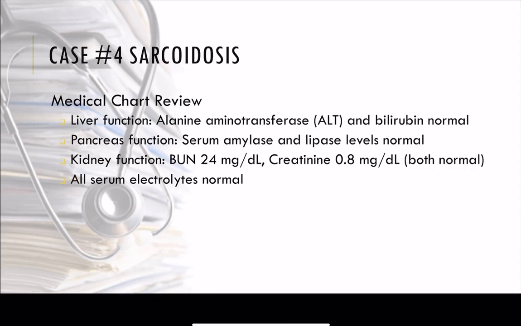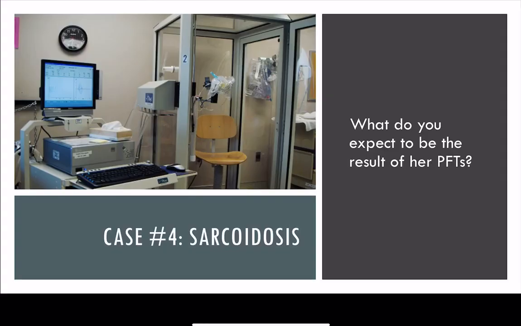BUN and creatinine, both normal, indicating appropriate rates of glomerular filtration, and all serum electrolytes are normal. So while she has a multi-organ systemic disease, these results let the clinician and the medical team know that these organs are not severely impaired or damaged at this point.